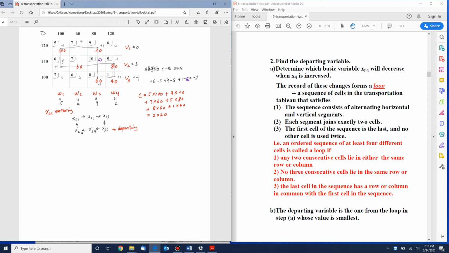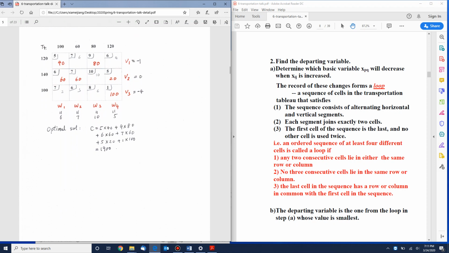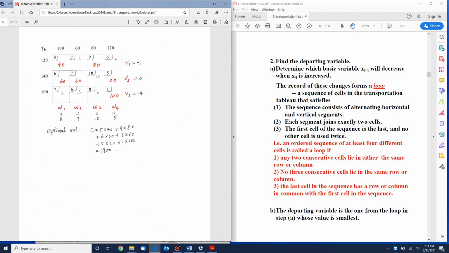Now, form the new tableau. And this one gives us the new tableau, and the cost actually is 1,900. So when we make the last shift, we saved about $120.